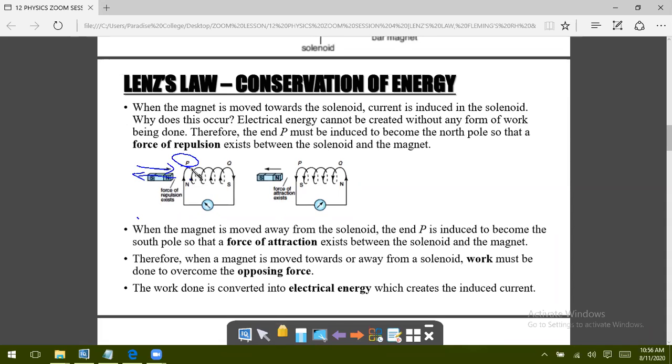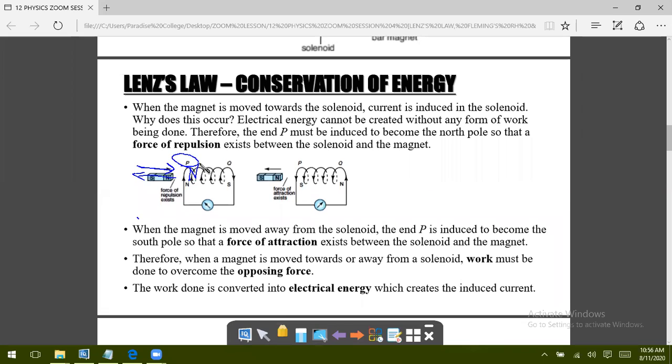Exactly. So every time the North pole is brought closer, this has to be a North pole to push the magnet away. Is that clear? All right, with that we can identify the current direction.